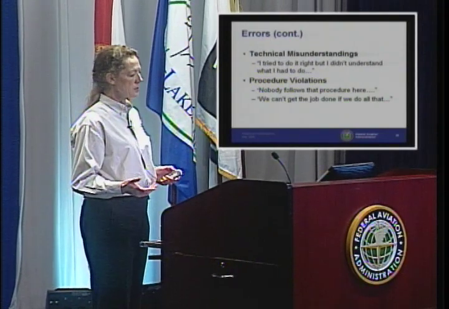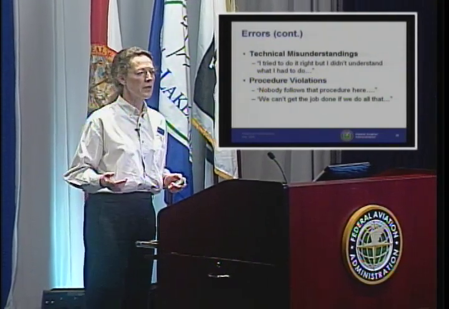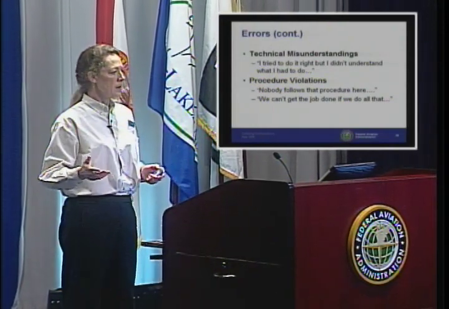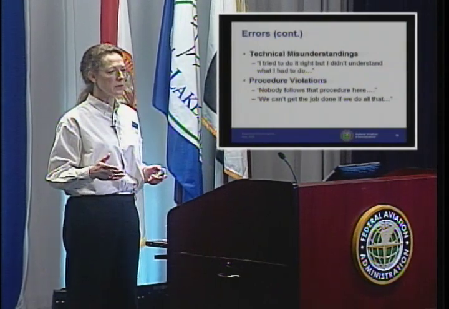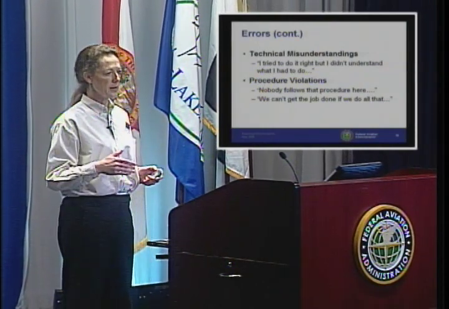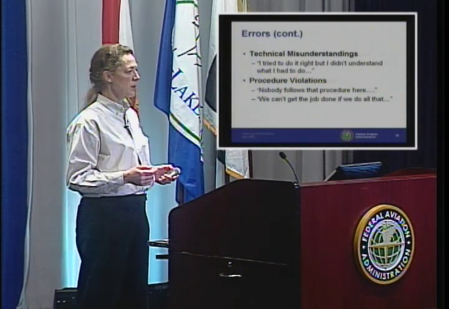Procedure violations, nobody follows that procedure here. We can't get the job done if we do all of that. Where do you see that happen? A lot, where it's impossible to accomplish all of the tasks necessary to complete that process because there isn't sufficient time.